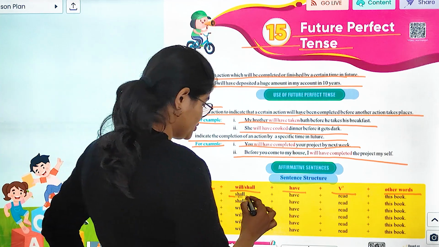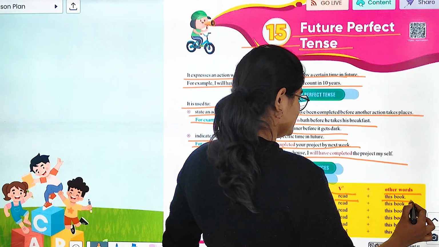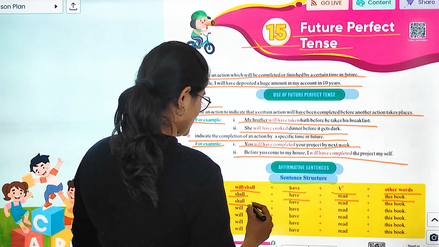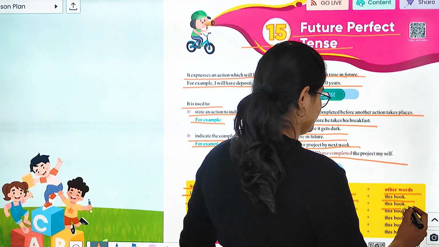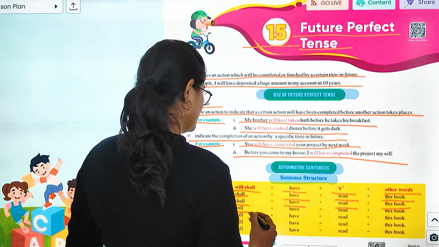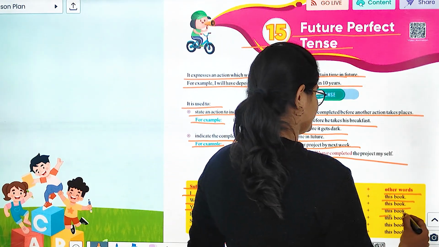I shall have read this book. We shall have read this book. You will have read this book.